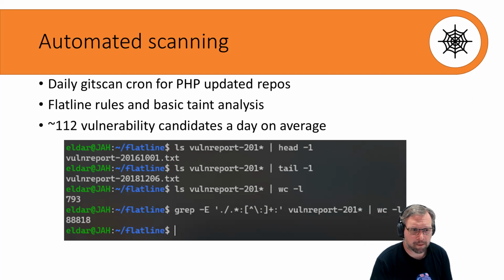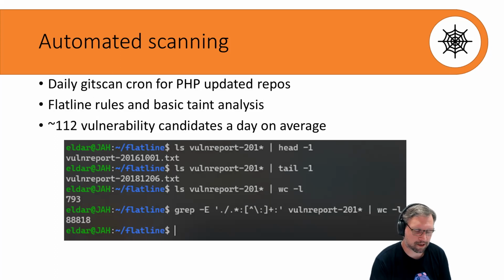And within that time, it found 88,818 vulnerability candidates. Obviously, processing all of those would have taken a lot of time. I did process a lot of them. I got a lot of CVEs in that period of time, but most of them ended up unreported because the vulnerability reporting and disclosure process is very time-consuming.